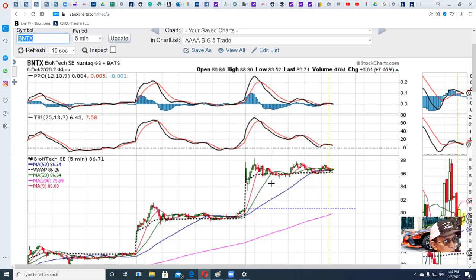So we're not going to put too much emphasis on the averages, but I can tell you this. The wider this line is from the other one, the stronger is the price. Always remember that. The wider those averages are apart, the stronger is going to be the price.